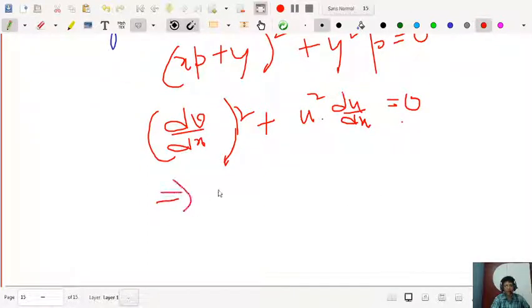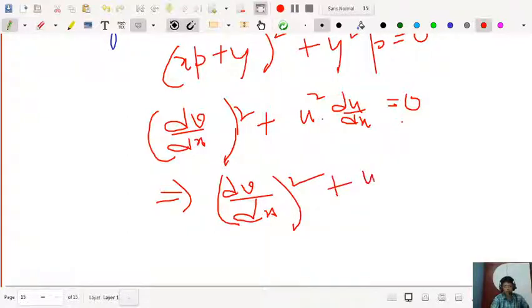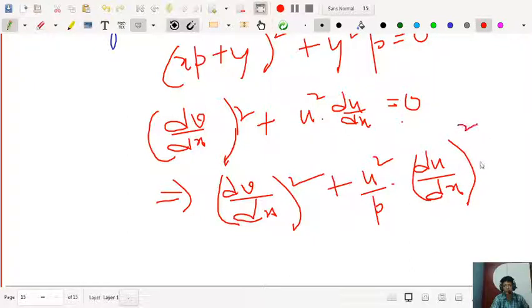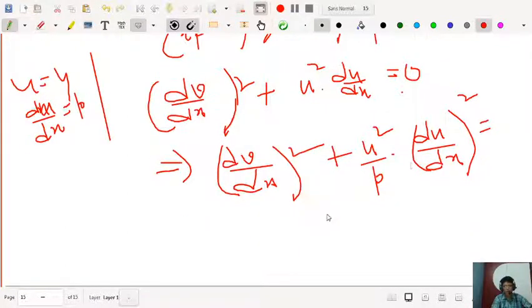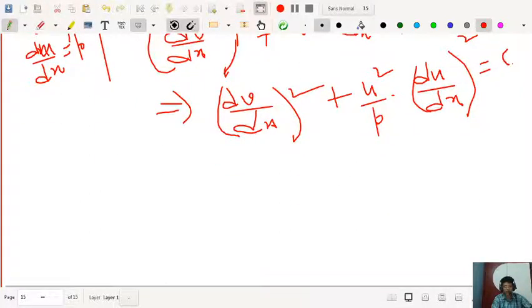You can take another p here, so it can be written as (dv/dx) whole square plus u square by p, to make it a whole square (du/dx). Because p is your du/dx, because u is your y. So look at that, du/dx equal to dy/dx, that is equal to p. That was the calculation. I have taken an extra p here, so I am multiplying with du/dx, so that is balanced. That is why I want to make it a square, and the right hand side will be 0.